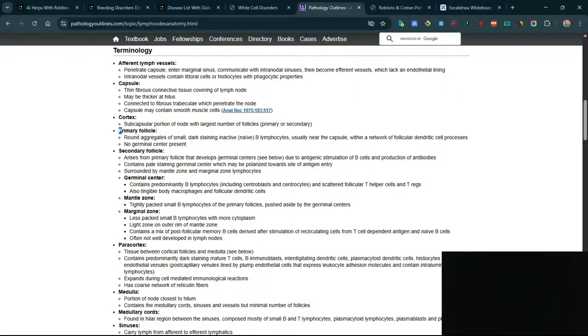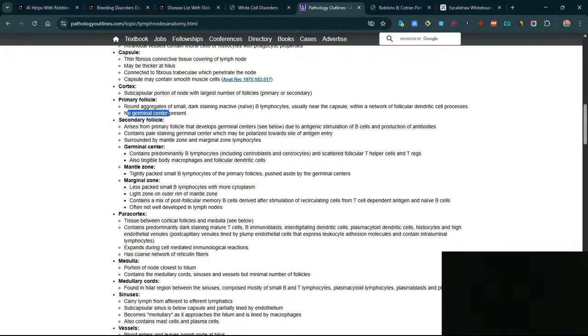The primary follicle is a round aggregate of small, dark-staining, inactive or naive B lymphocytes, usually near the capsule, within a network of follicular dendritic cell processes, and no germinal center is present. We have raised new things: what is the capsule, near the capsule? It also contains naive B lymphocytes, and there is no germinal center.